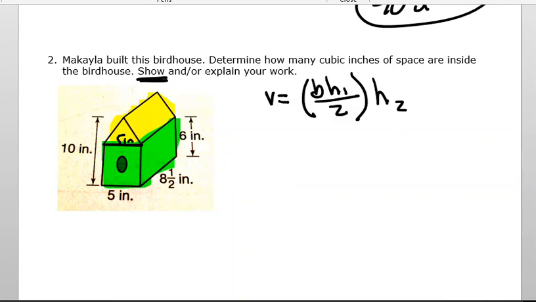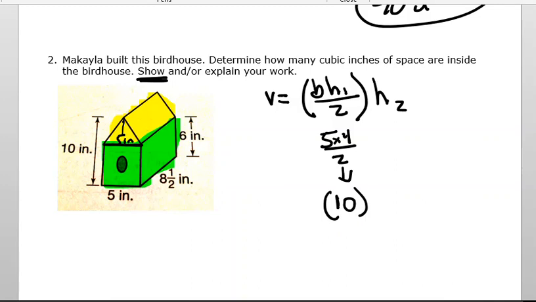This is 10 inches total, so this is 6. So my height is 4. My height of my triangle is 4, so I have 5 times 4 divided by 2, which gives me 5 times 4 is 20, divided by 2 is 10.